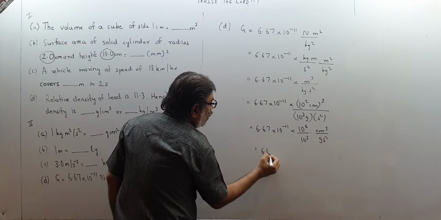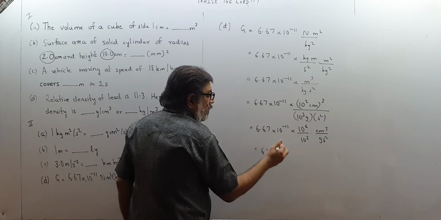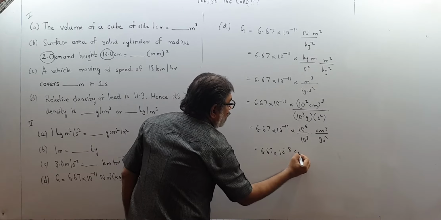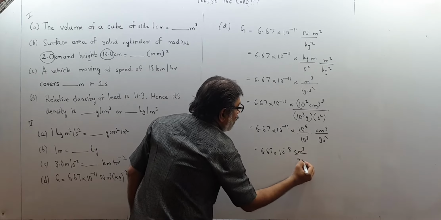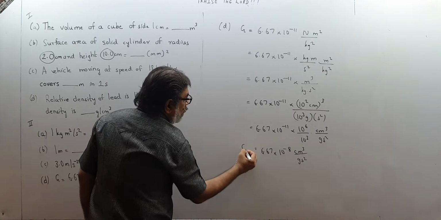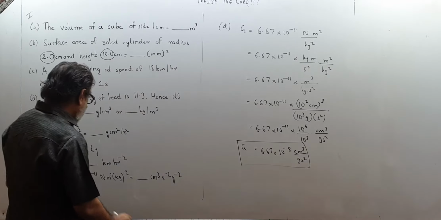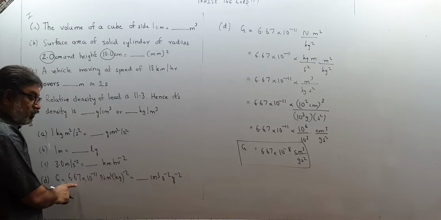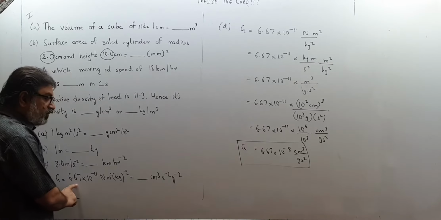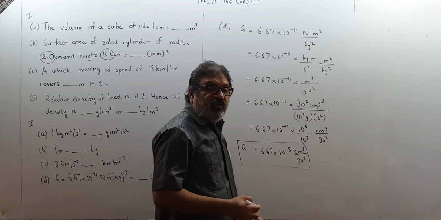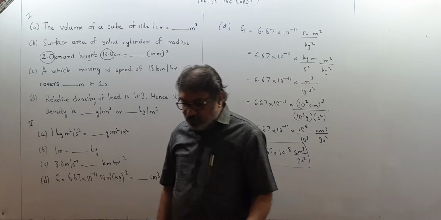So this is 6.67 into, see, this is 10 cube, so 10 raised to minus 8. So G is value this. So 3 significant digits, precision of 2 decimals. Okay, please pause and copy, children.